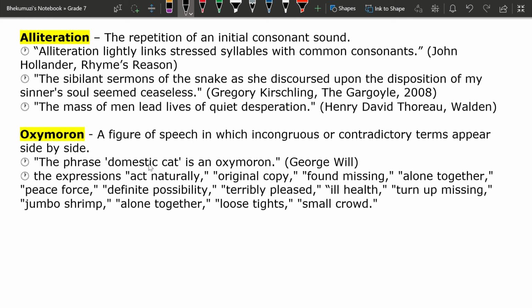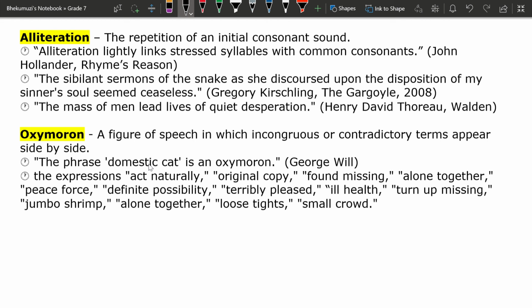Or original copy. How can an original thing be a copy at the same time? You see, original copy, that's an oxymoron where there are two contradictory terms side by side. Alone together, turn up missing, small crowd, right? A crowd is usually big, but then it's small.